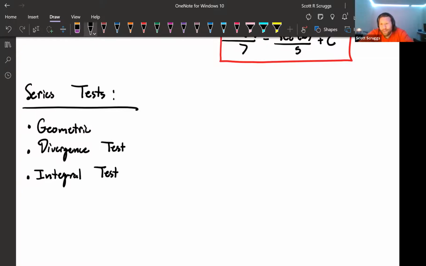Third one is the integral test. And the fourth one, not technically a test, but a method that we use to help us out, is telescoping series.